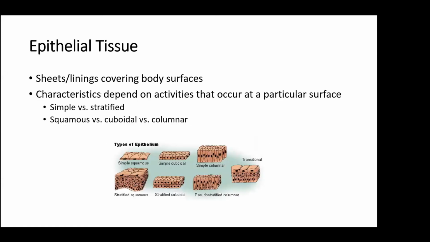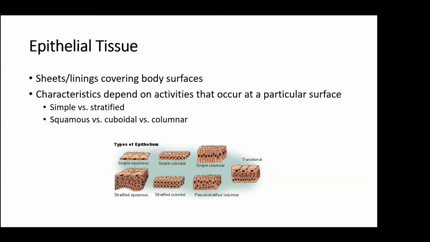Okay. We're going to go into each of these in a little more detail. And as you work through the lab, you'll see actual slides. For right now, we're looking at basically cartoons. So our epithelial tissue are sheets, linings covering body surfaces. So we'll see them lining any type of lumen, which is like a hollow space in the body.